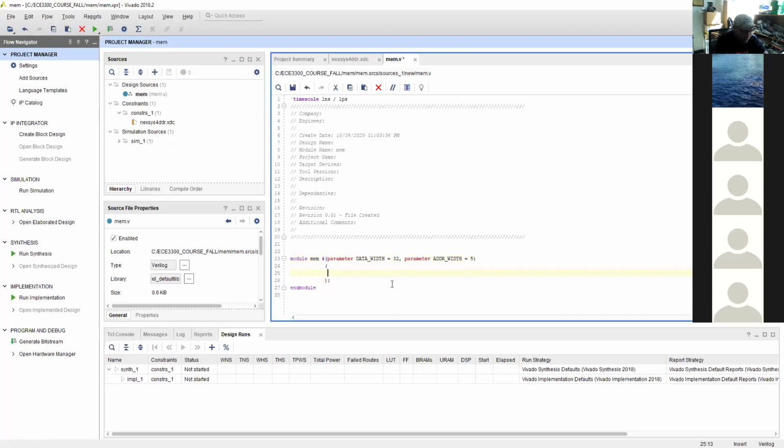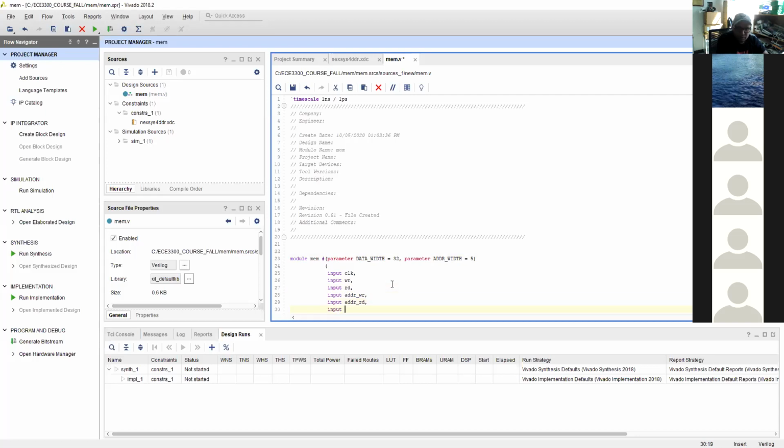Now we're going to go into what we need. Clock is going to be an input. We need write enable, we need read enable, we need address write, which is going to be an input, and then we need input address read.